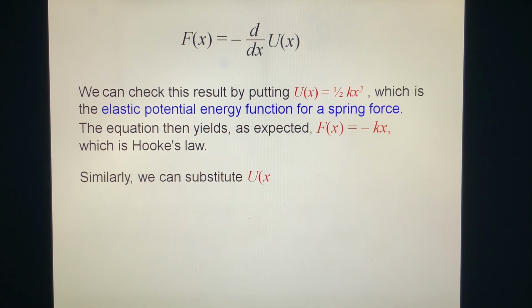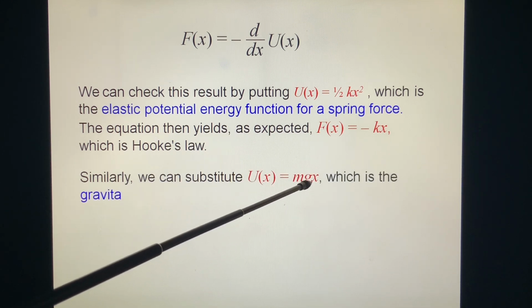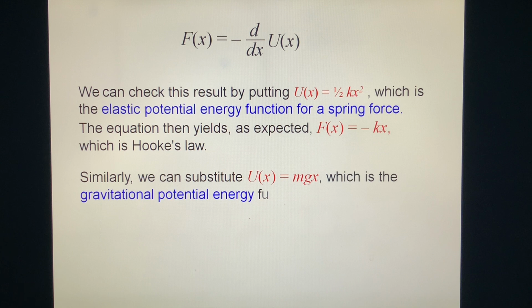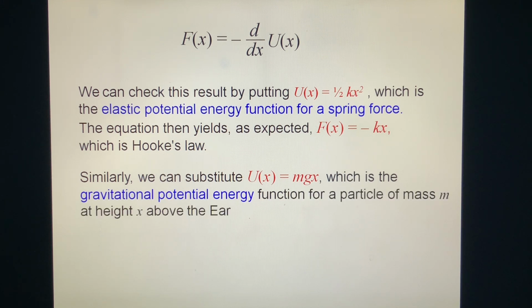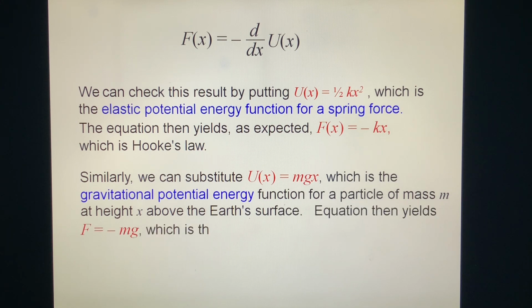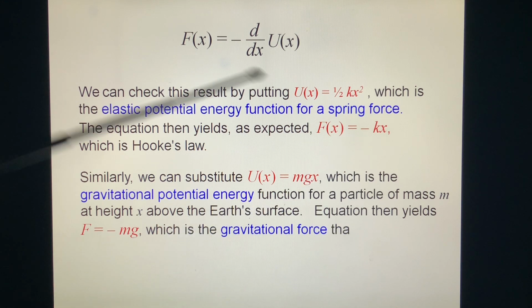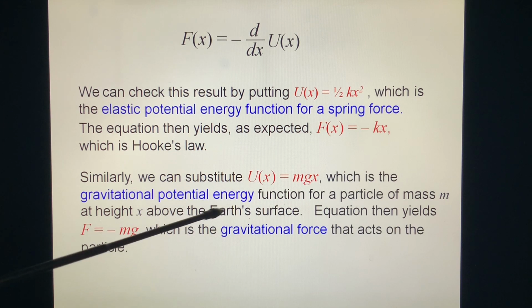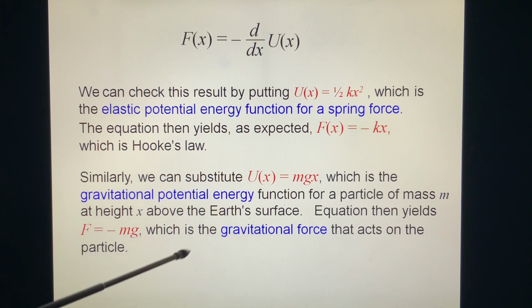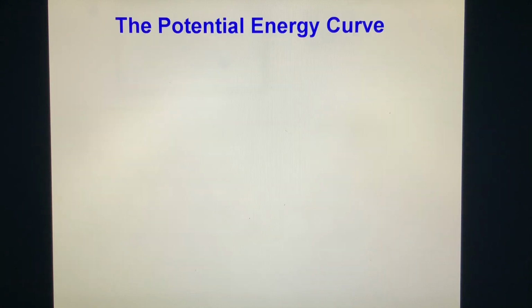Similarly, we can substitute U(x) equal to m g x, which is the gravitational potential energy function for a particle of mass m at height x above the Earth's surface. Taking the derivative gives m g, and with the minus, F equals minus m g, which is the gravitational force that acts on the particle. So we prove this is right.